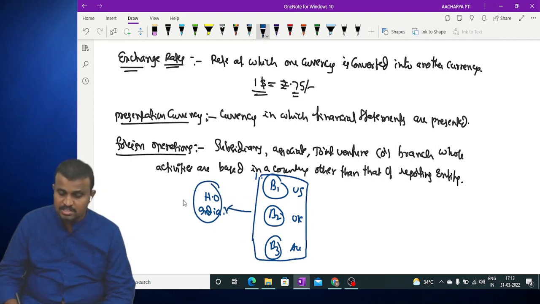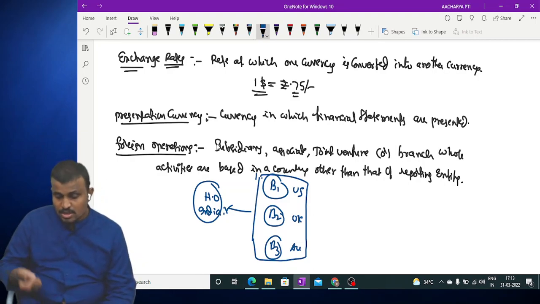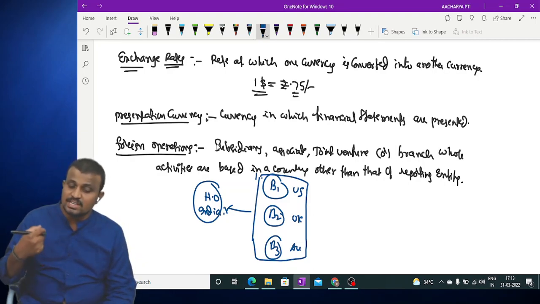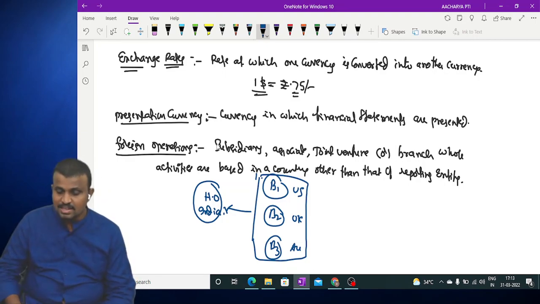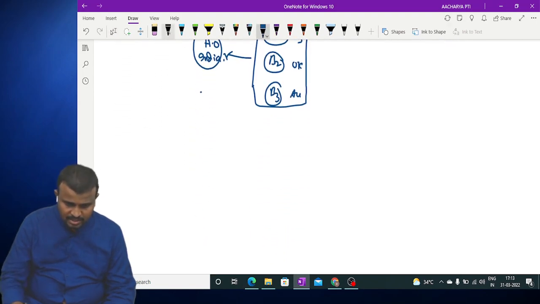Here, the reporting entity is the head office located in India. So foreign operations are the subsidiary or associate or joint venture or branch whose activities are based in a country other than that of the reporting entity.